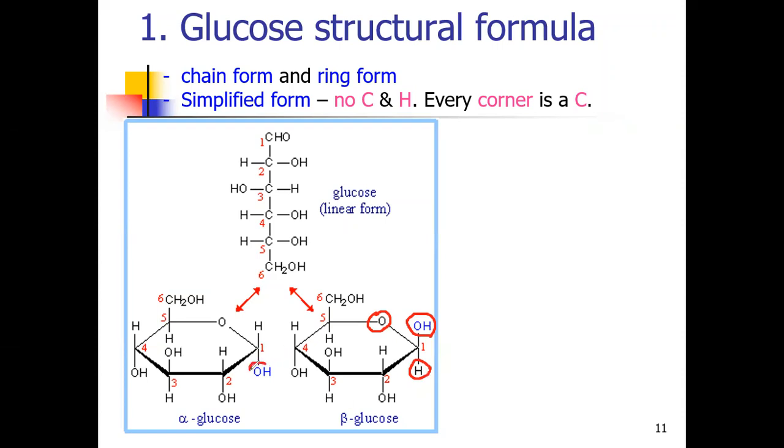You can usually memorize it this way: OH, OH, H, OH. So all of the groups pointing downwards are OH, OH, H, OH. So for carbon number 3, the OH is pointing upwards because the one below here is H, so the one above is OH.